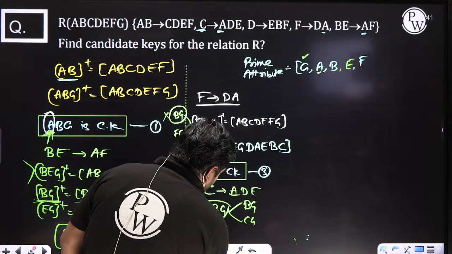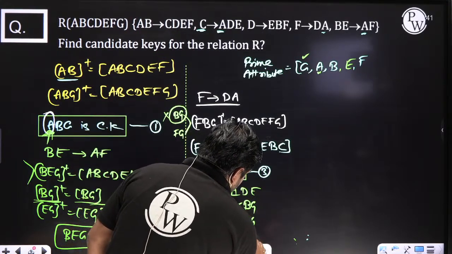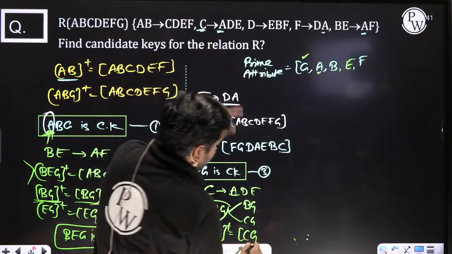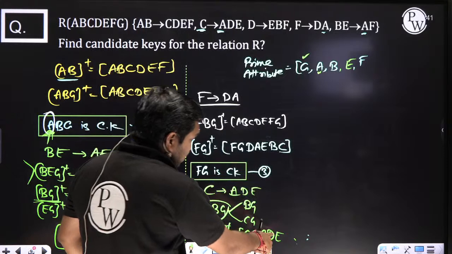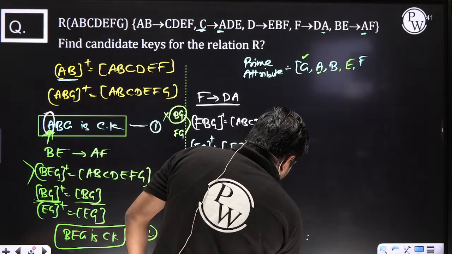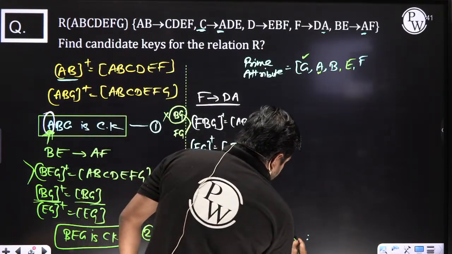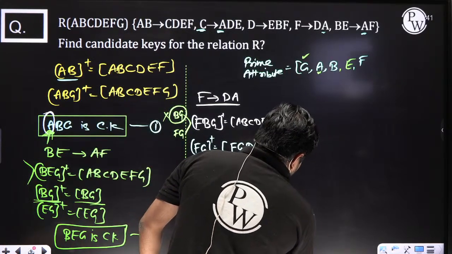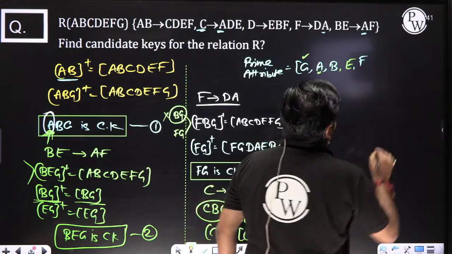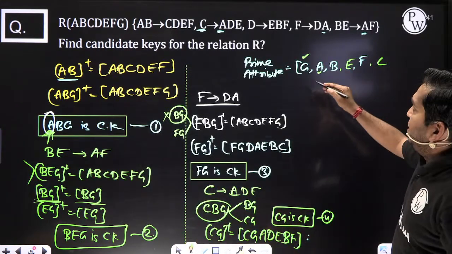When we take the closure of CG, what is happening? G and C determine A, D, E, and D determines E, B, F. Then we are getting A, B, C, D, E, F, G. CG becomes a candidate key. This is the fourth. Prime attribute A work done.